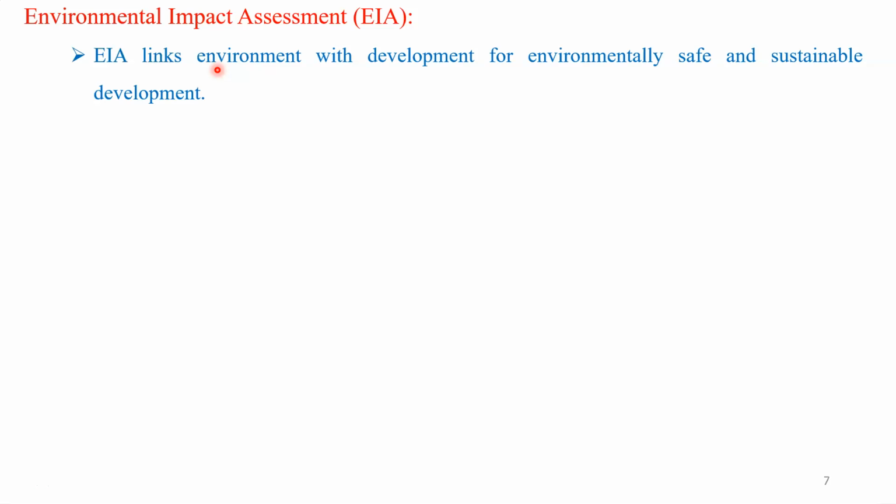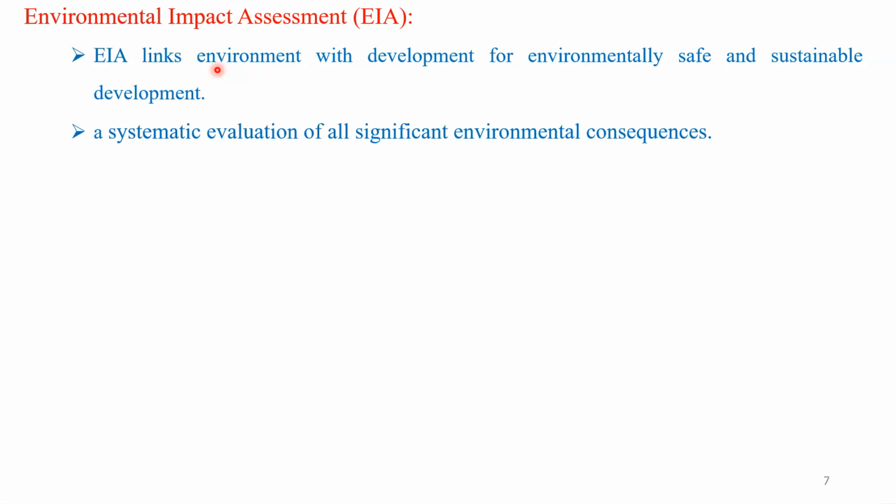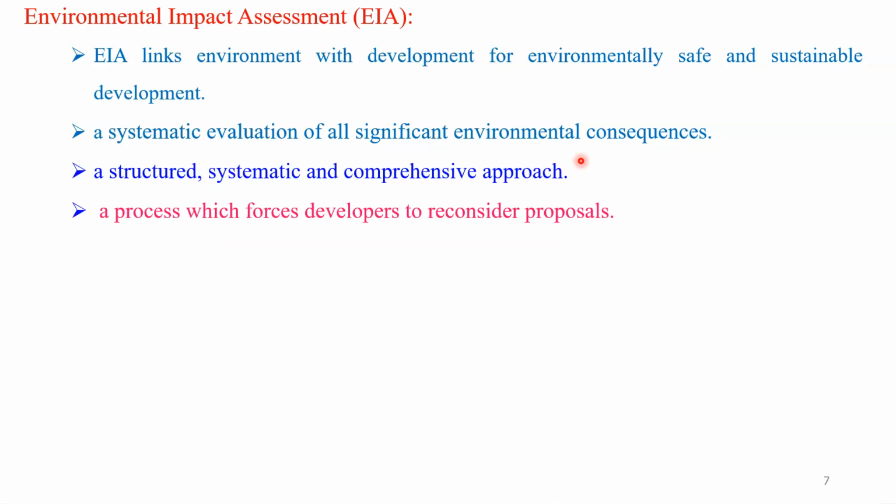It is a systematic evaluation of all significant environmental consequences. It is a structured, systematic, and comprehensive approach. It is a process which forces the developer to reconsider the proposal. It is a process leading to a statement to guide decision making.